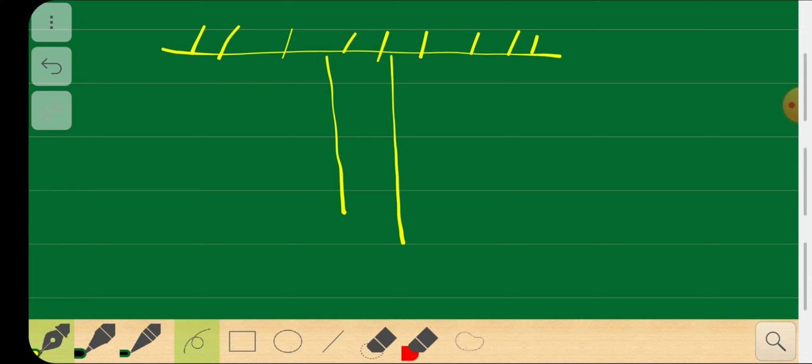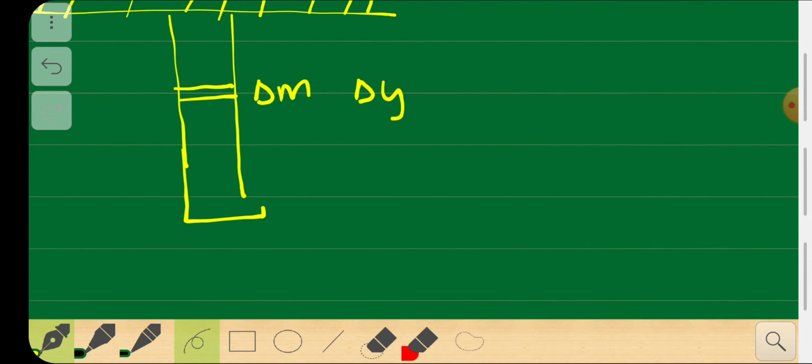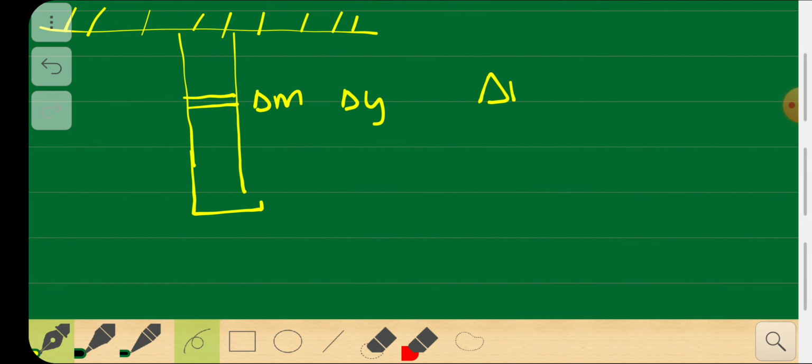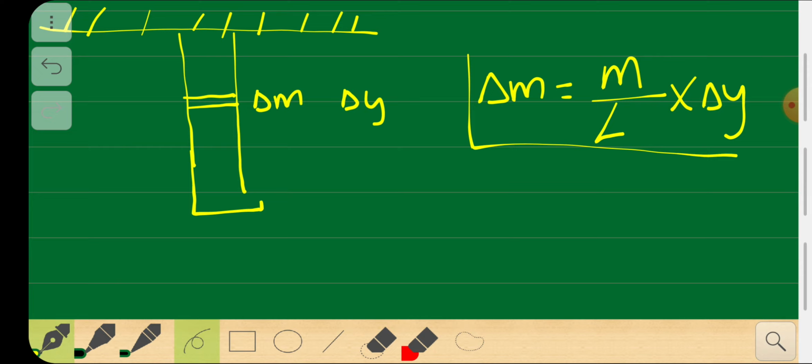So if you have a massive string like this, you can take a fraction of mass, call it delta m, of a fraction of length delta y. So delta m, the mass of that piece, will be the total mass divided by the total length times delta y, as we did earlier. We have done this several times now.